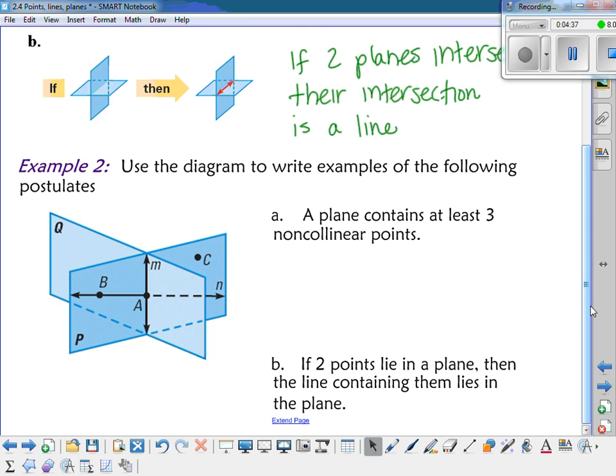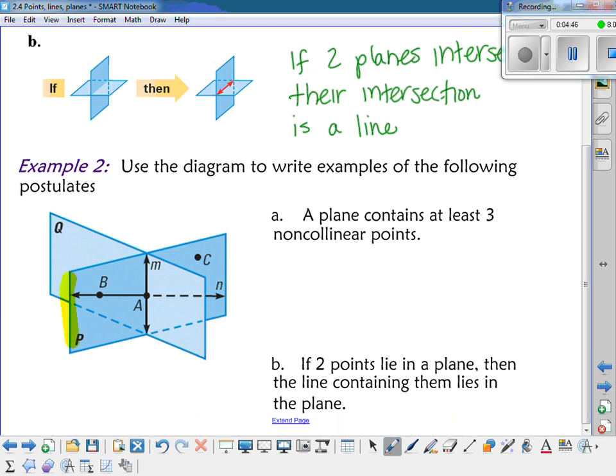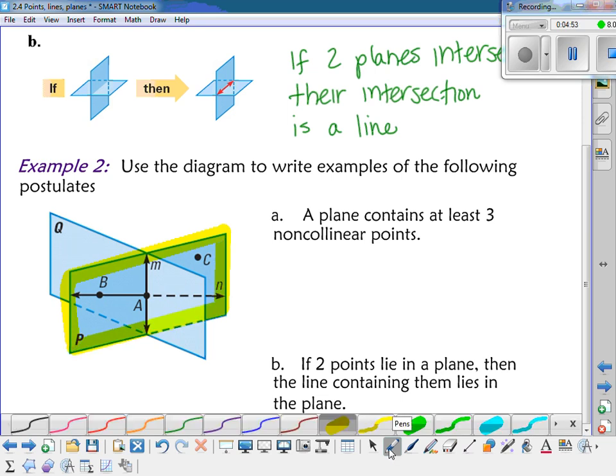So if I look at my diagram, the plane that has points in it is plane P right here. So plane Q isn't going to help me out much, but plane P contains points A, B, and C, which are non-collinear.